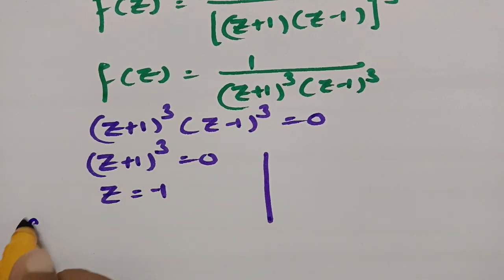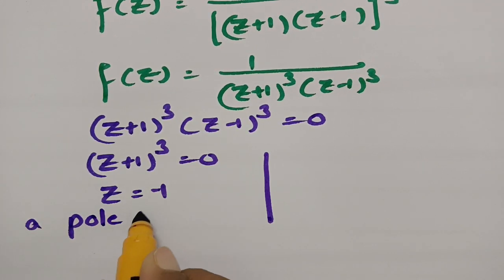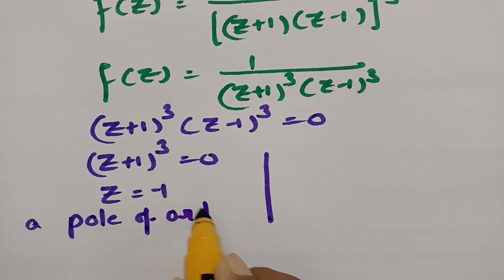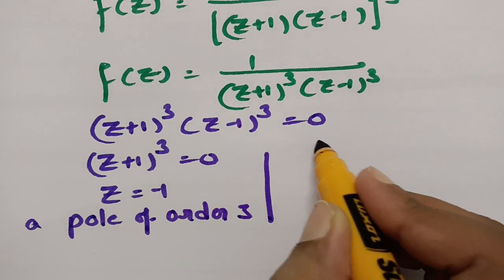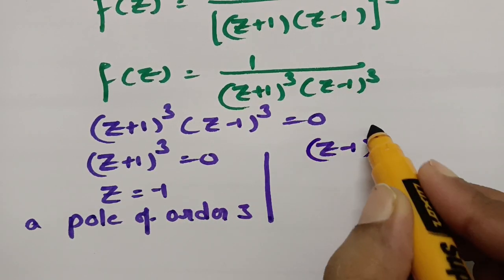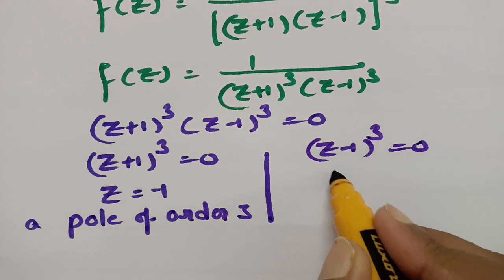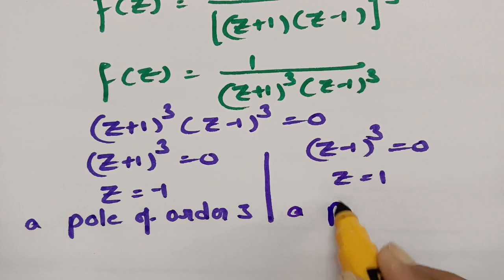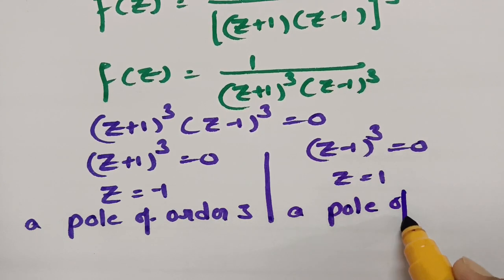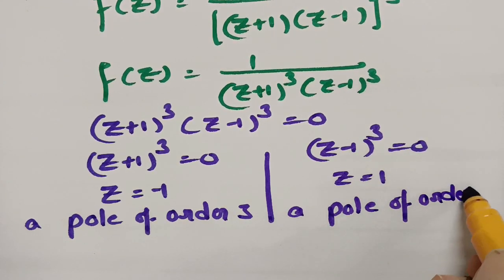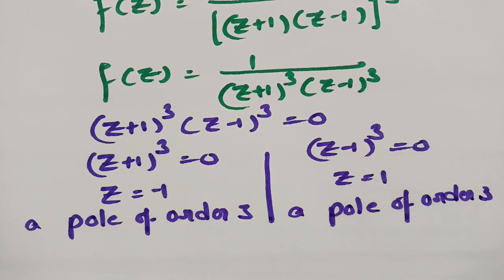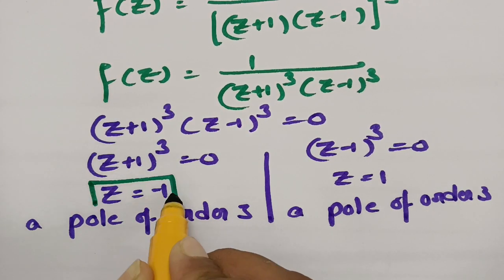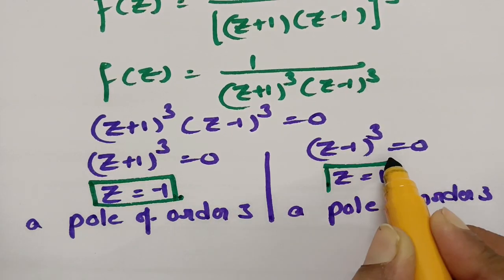So we got a pole of order 3. Clear? And next, if I equate (z minus 1) whole cube to 0, we get the value of z as 1, which is again a pole of order 3. Clear? Now we have the pole values as minus 1 as well as plus 1.